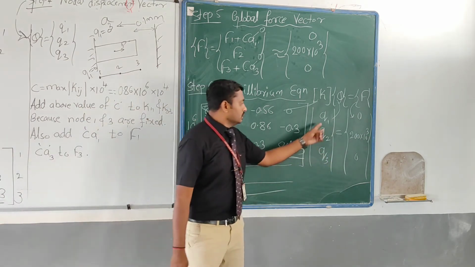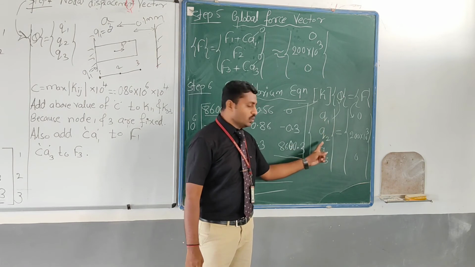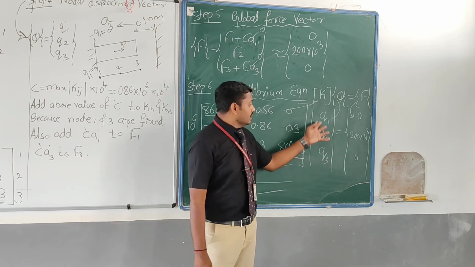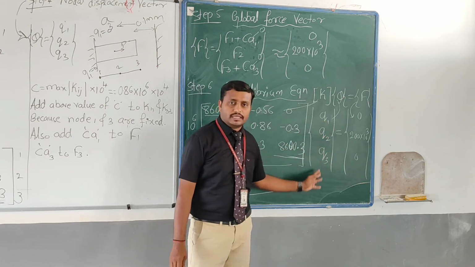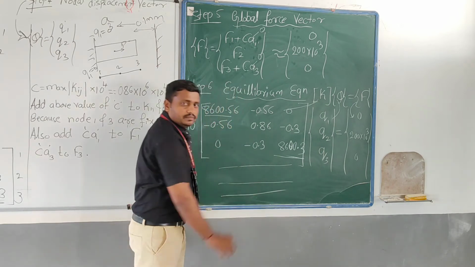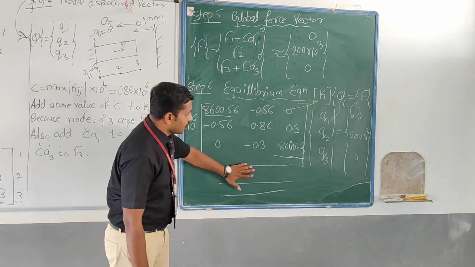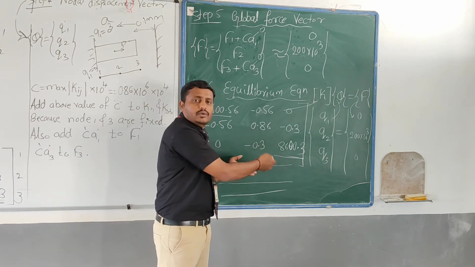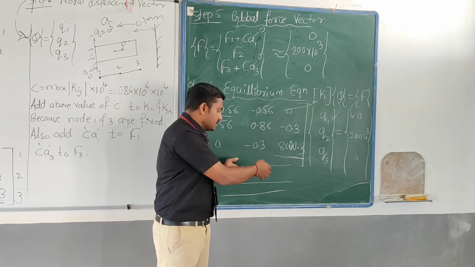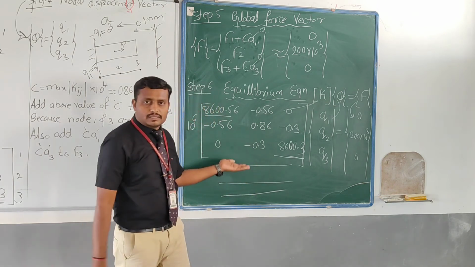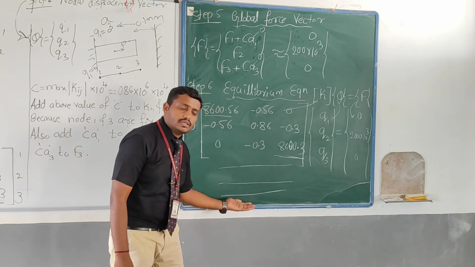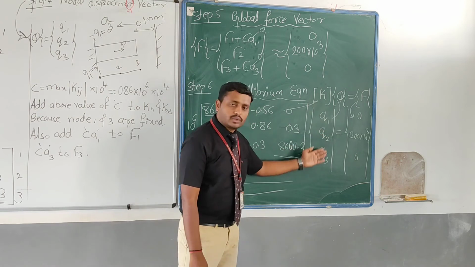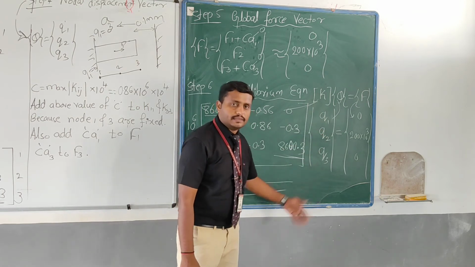You will come to know the unknowns Q1, Q2, Q3, which are nothing but the displacements at nodes 1, 2, 3. For solving, there are 3 equations. In the calculator, go to the equation mode. There you can enter all 3 equations. You will find Q1, Q2, Q3. Fine? Okay.